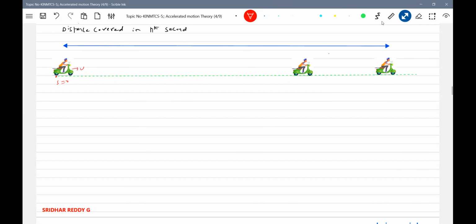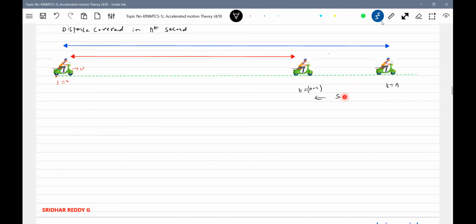Okay, now we'll take the distance covered by this person for n minus 1 seconds. So what is the time? This will be n seconds. t equal to n, I'll write it. This t will be n minus 1 second. So this is the distance covered for nth second. Sn will write it. This will indicate symbol Sn, Sn minus 1, or Sn dash will write it.